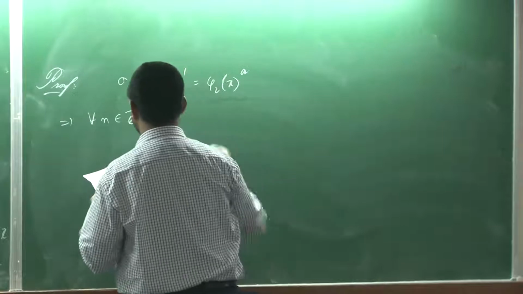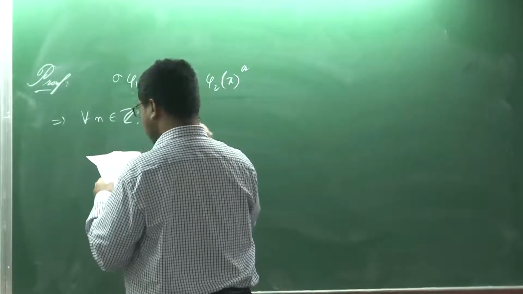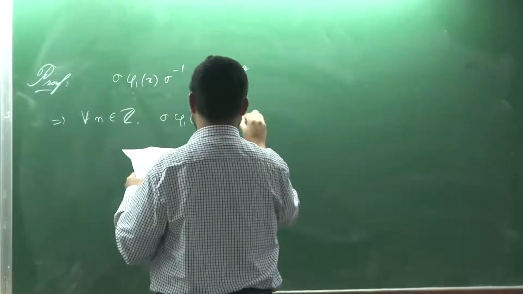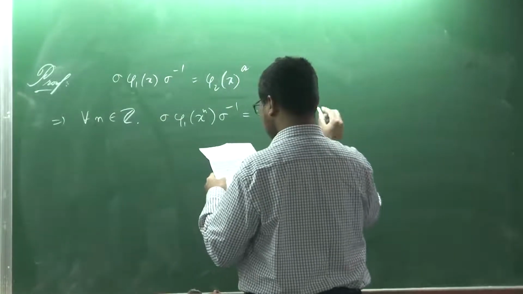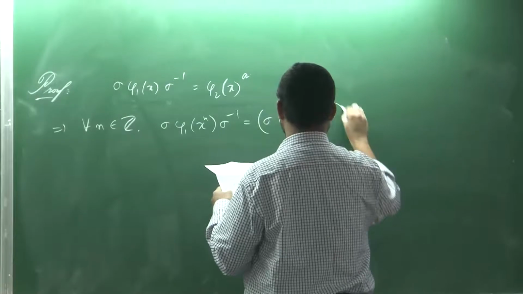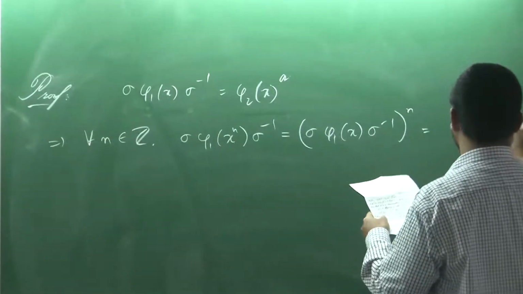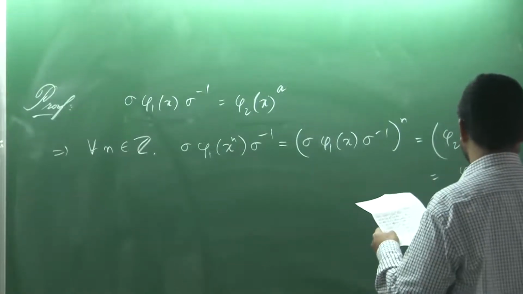Once that is the case, then we can immediately see for every integer n, raising both the sides to the power n, we can immediately see that phi 1 x, sigma 2 x to the power n, and here we can of course switch.